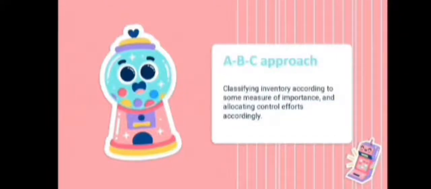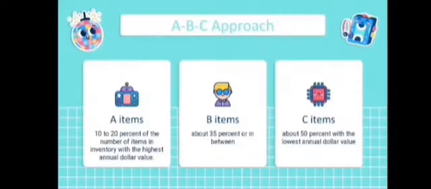Now let's describe what the ABC approach is. The ABC approach classifies inventory items according to some measure of importance, usually annual dollar value, for example, dollar value per unit multiplied by annual usage rate, and then allocates control efforts accordingly. Typically, three classes of items are used.